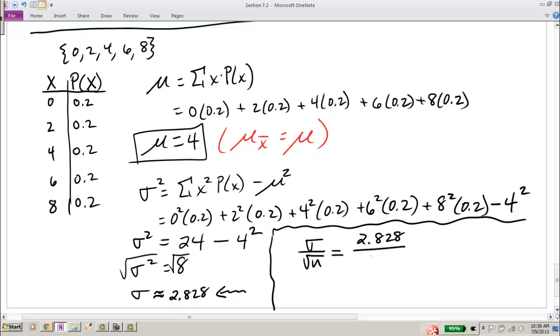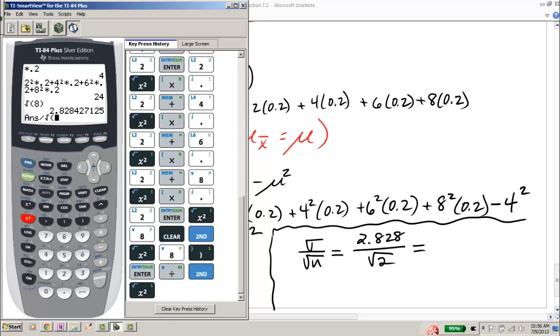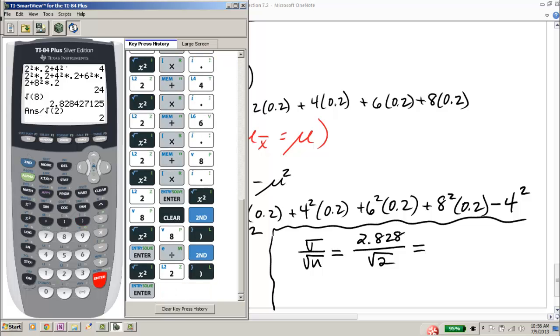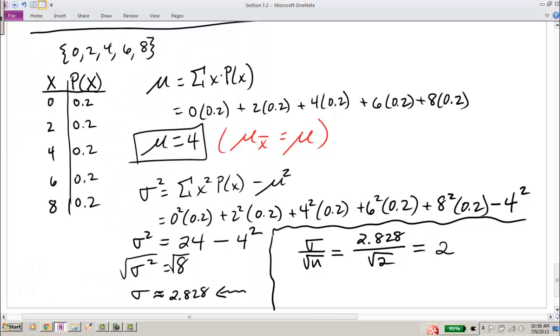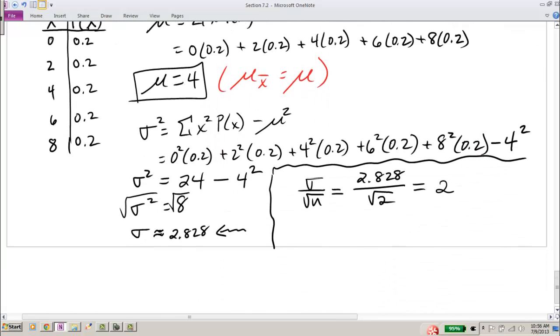So we took samples of size 2, so 2.828 over the square root of 2. So divide this value we just got by the square root of 2, and we get 2. And so looking up here, that's precisely what we got when we calculated the standard deviation for the sampling distribution of sample means.